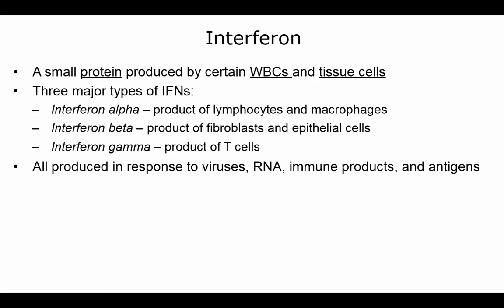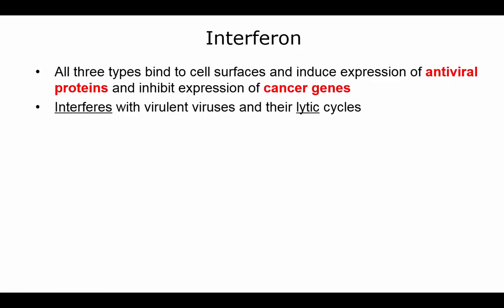And they're all produced in response to viruses, RNA, immune products, and antigens. And all three of these will bind to the surface of the cell and induce the expression of antiviral proteins. And they will inhibit the expression of cancer genes. So it interferes with the virulent viruses and their lytic cycles.